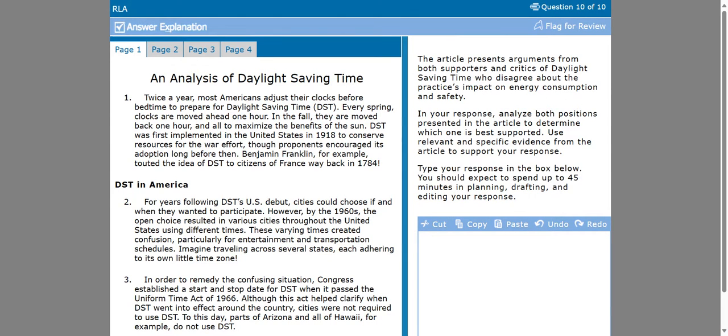And in your response, analyze both positions presented in the article to determine which one is best supported. Use relevant and specific evidence from the article to support your response. Type your response in the box below. You should expect to spend up to 45 minutes in planning, drafting, and editing your response.